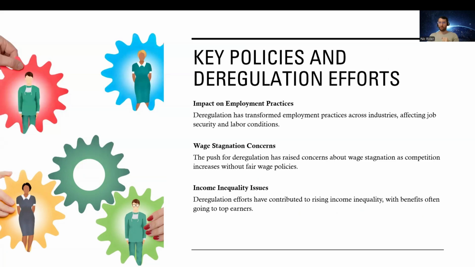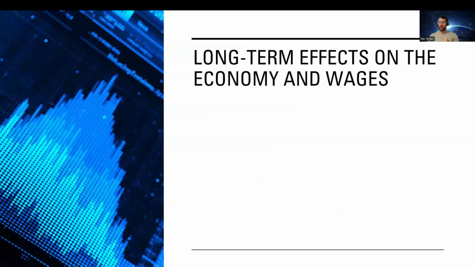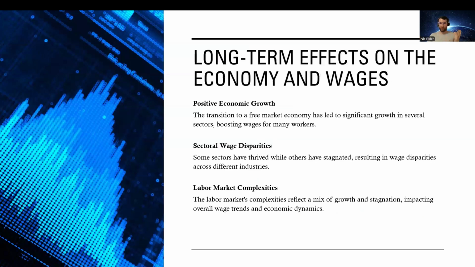Some of the long-term consequences here: Nixon's policies and the free market had profound effects on the US economy. The end of the gold standard allowed for greater control over monetary policy, leading to periods of inflation and deflation. The shift towards a free market economy brought about significant changes in labour markets, with real wage growth slowing in subsequent decades.